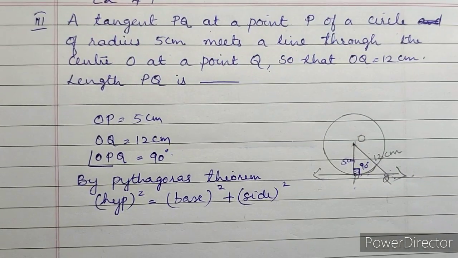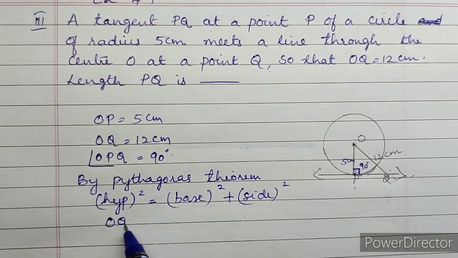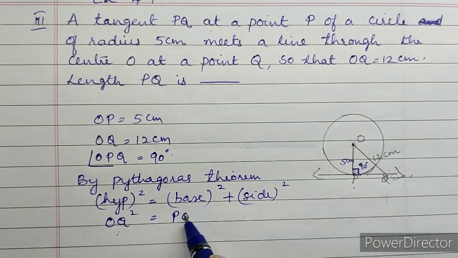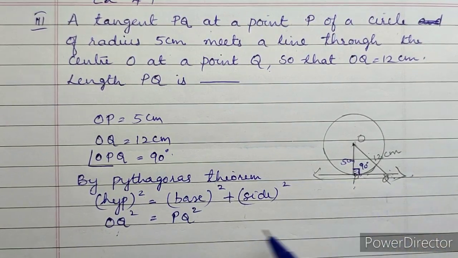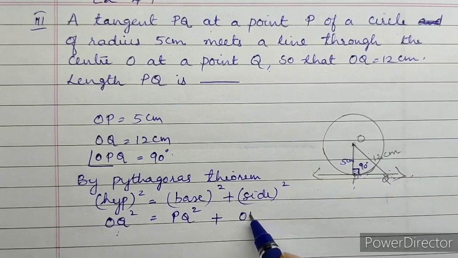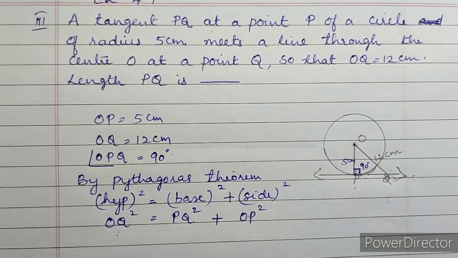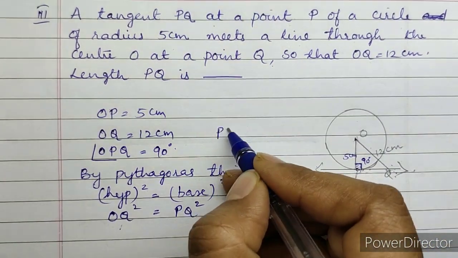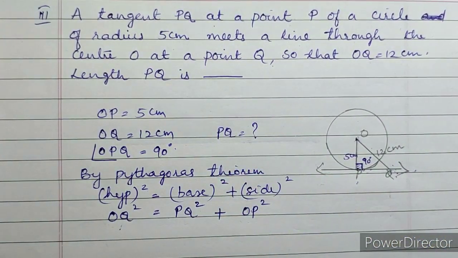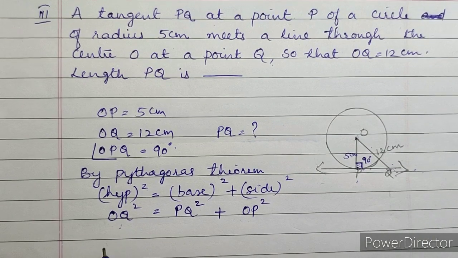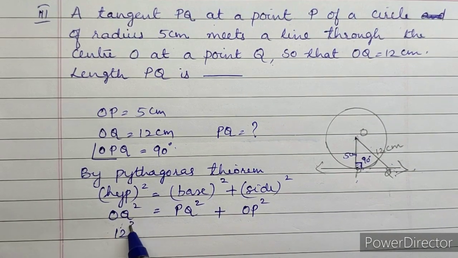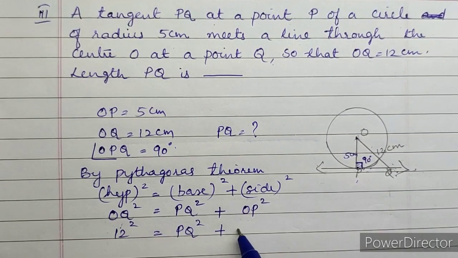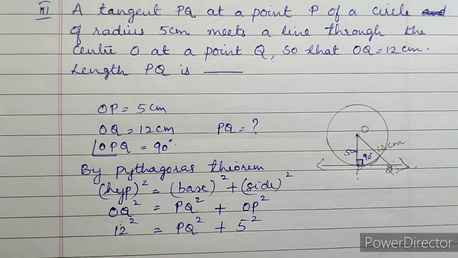So with names, OQ square is equal to PQ square plus OP square. Now what you have to find? You have to find PQ. So PQ is the question mark. Just substitute the values. OQ is 12 square equals PQ square plus OP is 5 square.